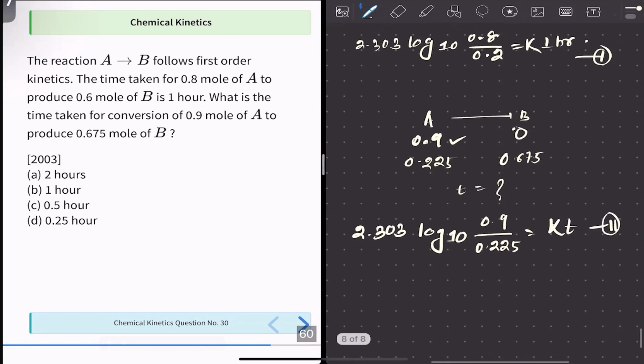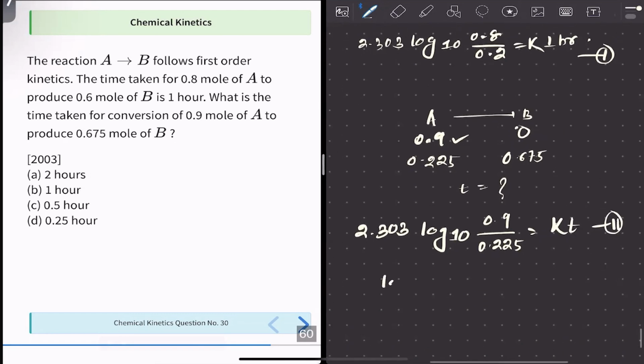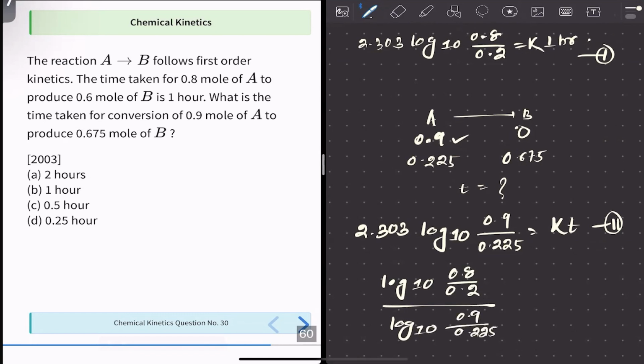Divide equation 1 by 2. So log 10 of 0.8 by 0.2 over log 10 of 0.9 by 0.225 is equal to 1 by t.